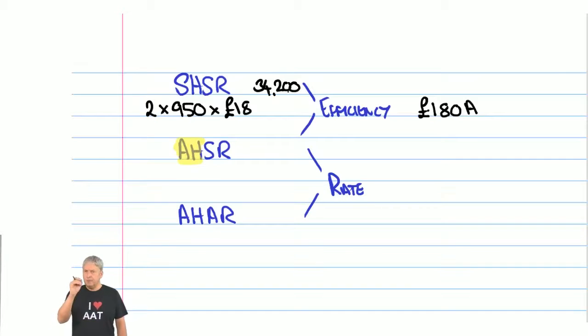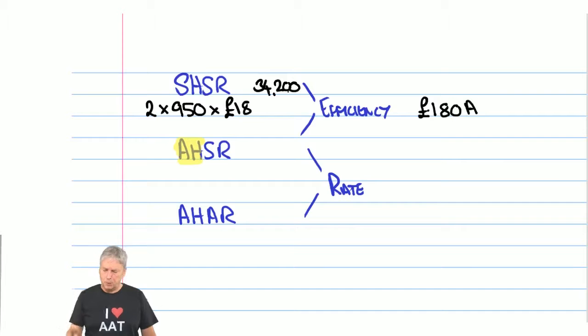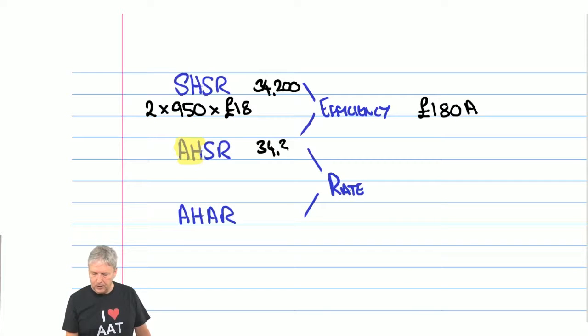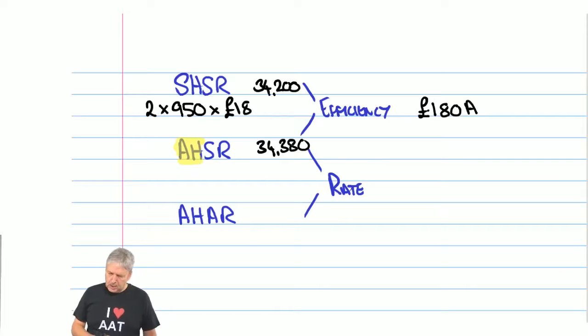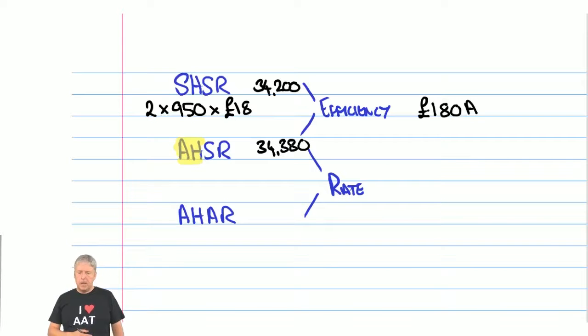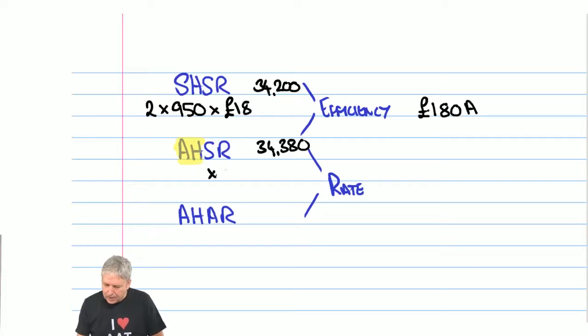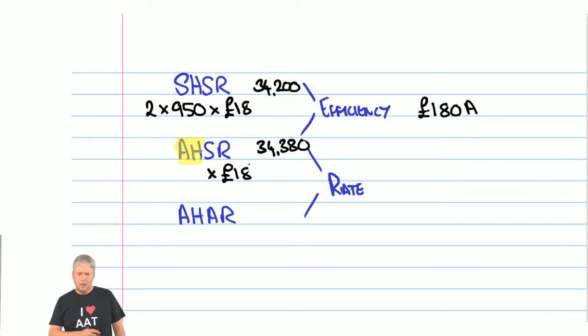And if the variance is adverse, what does that mean? Well, it means that the bottom must be bigger than the top. So we add the adverse variance, and that gives us 34,380. Oh, and remember, we know the standard rate. The standard rate is the same above and below at 18.